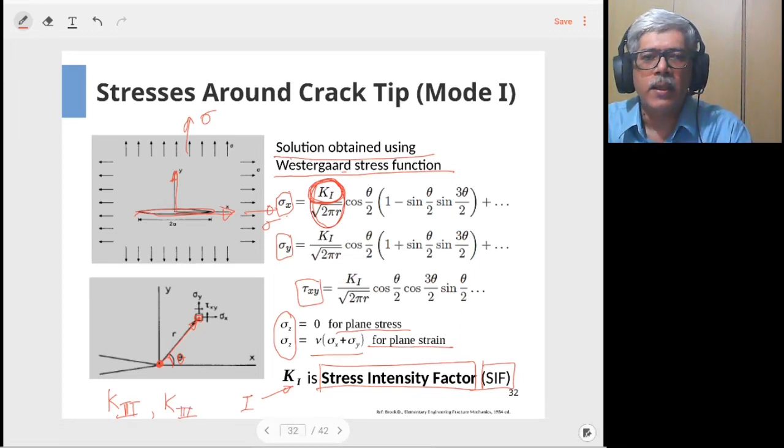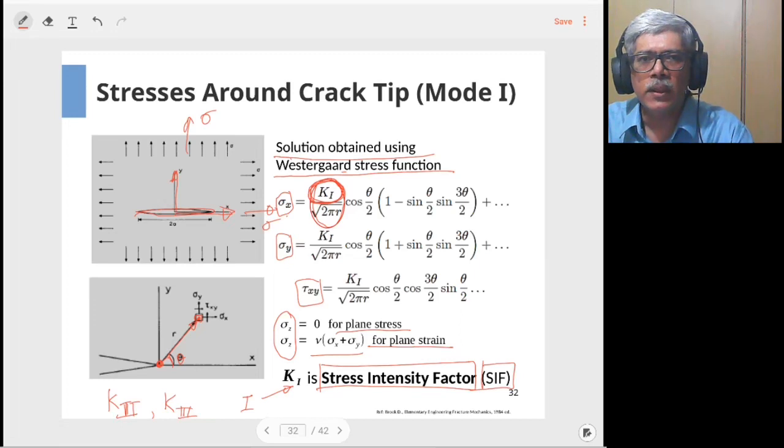Let's understand this idea of stress intensity factor. In strength of materials, we had the basic problem that you have a component which is subjected to some force P and we want to know whether it will be able to withstand that force or not. In order to do the calculations, we do not operate on the force directly.